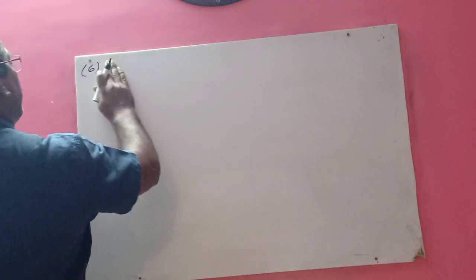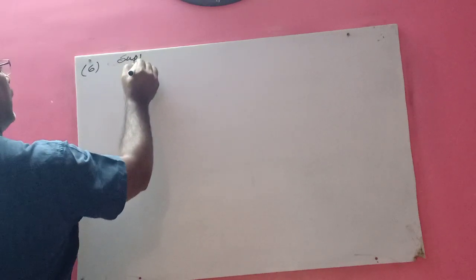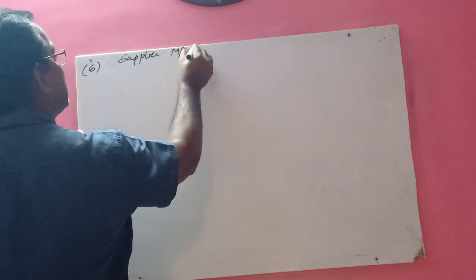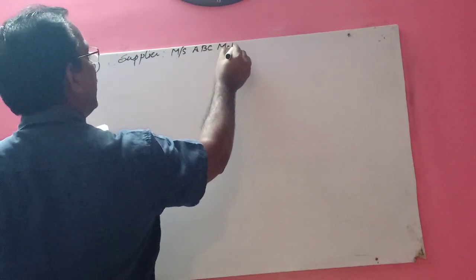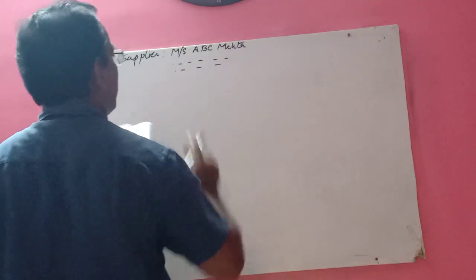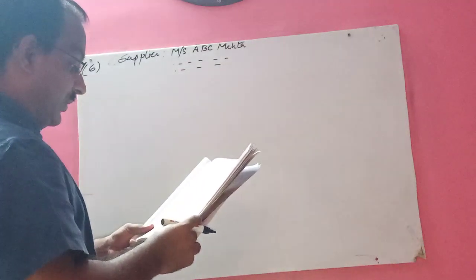You will make a column for supplier. So you should write here like Messrs ABC Mehta Company, like this you should write. Below this you write your address, whatever it is. Second, it is given here state, date, invoice number.